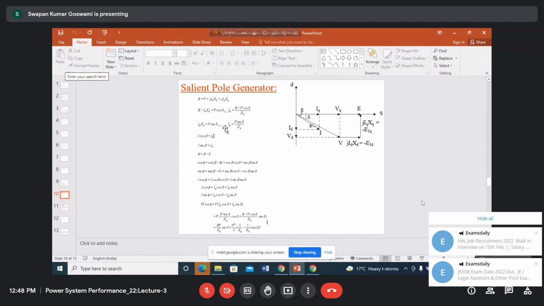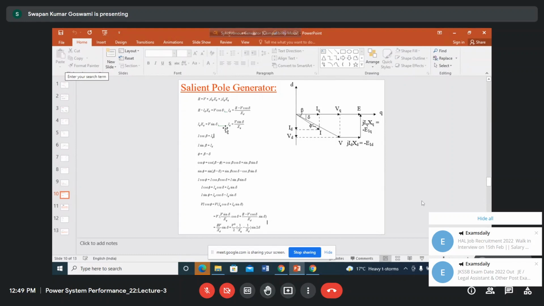Everywhere around the periphery of the rotor, the gap is uniform. That means the reluctance of the magnetic circuit is uniform, so you have the same reactance measured from anywhere. That's why a cylindrical rotor machine may be represented by a single reactance.